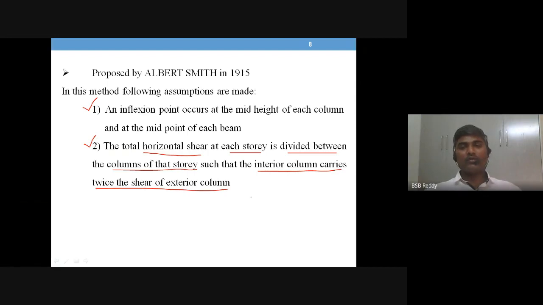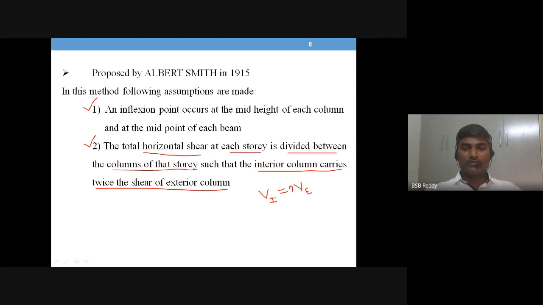If you want an equation form, we will note shear as V. Interior column shear is equal to twice the exterior column shear. So the relation is that the interior column shear is twice the shear of the exterior column.